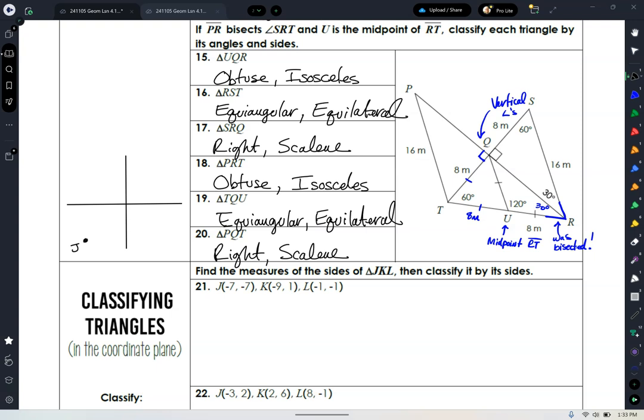The X-axis, because it's going to be out here at -9. And then L is in the third quadrant, at (-1, -1), so we could put L here-ish. Then we connect those points.